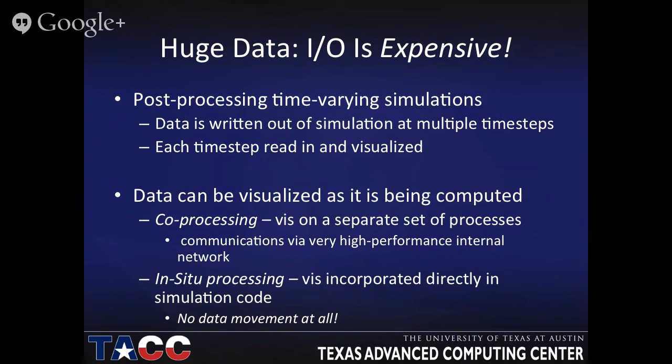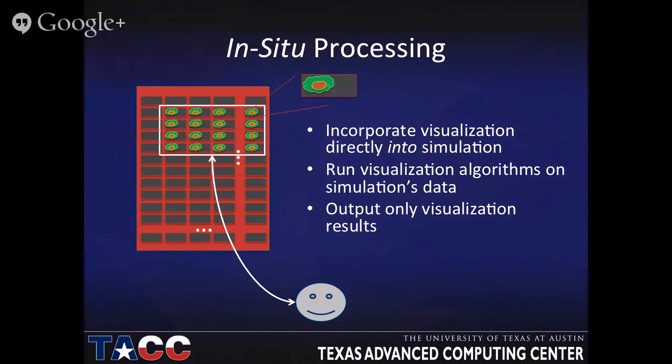And so we talk about doing visualization nowadays as possibly co-processing, creating two different partitions of your overall system and letting this one do visualization on this one's data and communicating using that super high-speed internal network. Or in situ processing. That is to incorporate the visualization directly in the simulation itself.